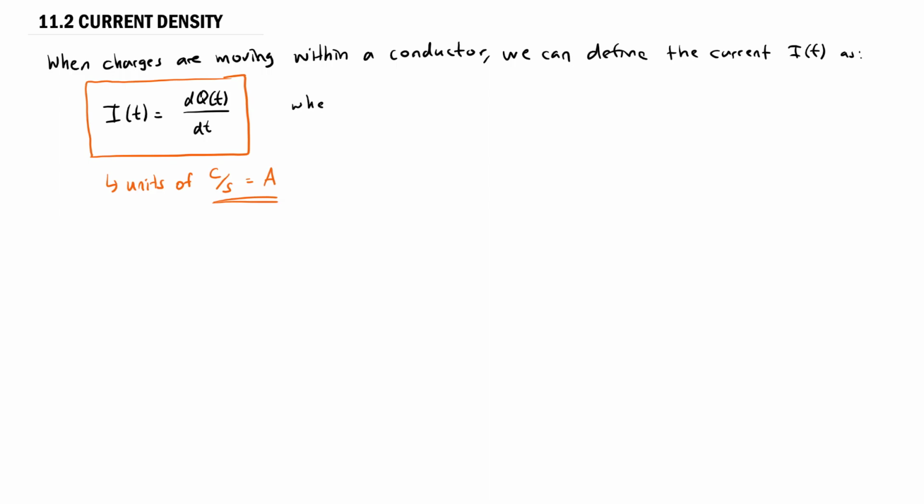So we should probably define what dq is. dq, as a function of t, is the charge passing through a small part ds of the surface area at a given time t.